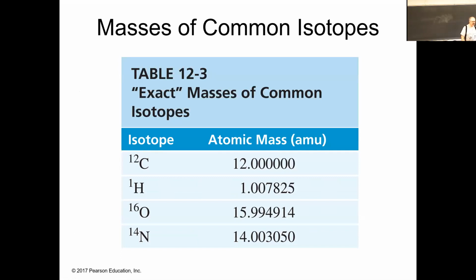Okay, this is where mass spectrometry is really useful, and that is looking at isotopes. Okay, so these are masses of some common isotopes: carbon-12, hydrogen-1, oxygen-16, nitrogen-14.